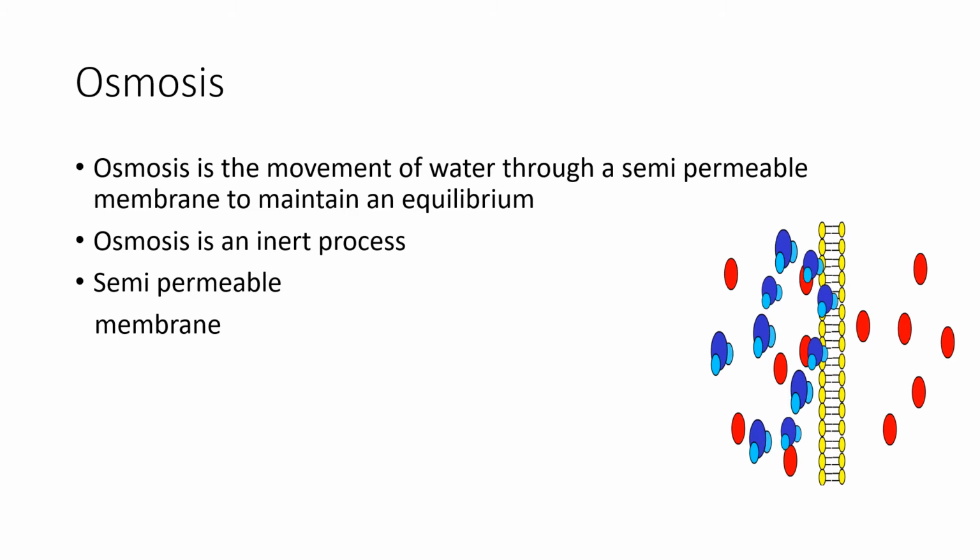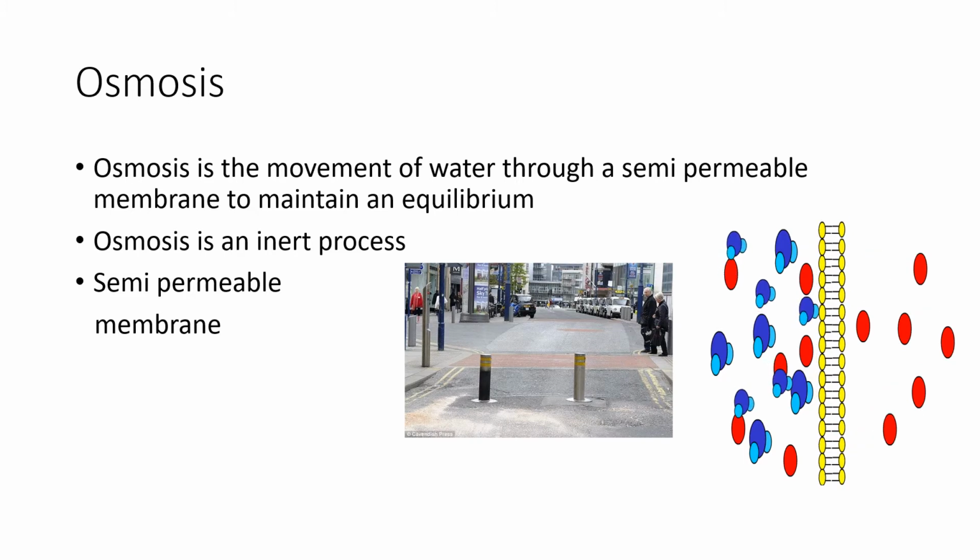So what's a semi-permeable membrane? Something a bit more practical, something you might be able to relate to a bit better. Consider this. I'm sure you've all seen this or something very similar to this in practice. Traffic bumps in the road, traffic cones, bollards, call them what you will. If I come driving down this road in my car, I can get to the bollards and I have to stop. I can't pass across to the other side.